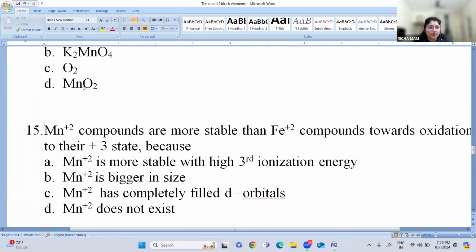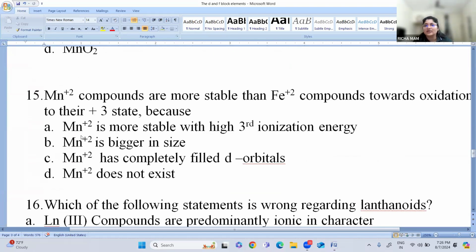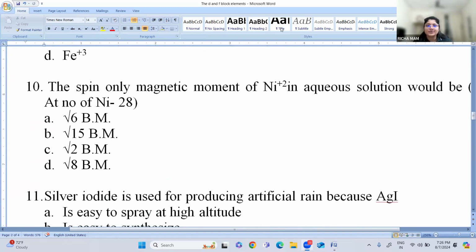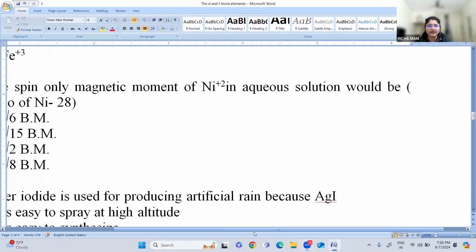Some more questions are there. Any doubts, students? Anything you want to ask me? If you find any more books or questions, please solve them. Friday we'll be having the first test on solutions. So be prepared, do well.